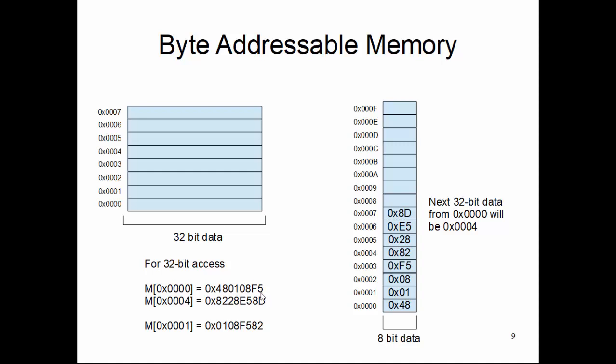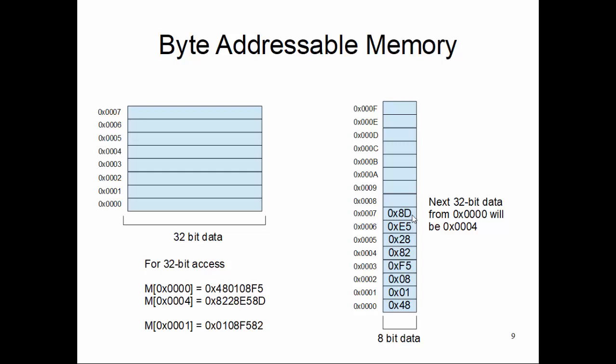So these 4 address locations now contain my data 480108F5. Similarly, at memory address 4, we can store 8228E5D8, starting with 82, then 28, then E5, then D8, in increasing order of memory.